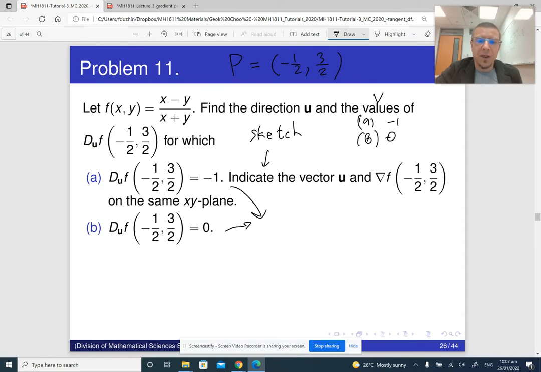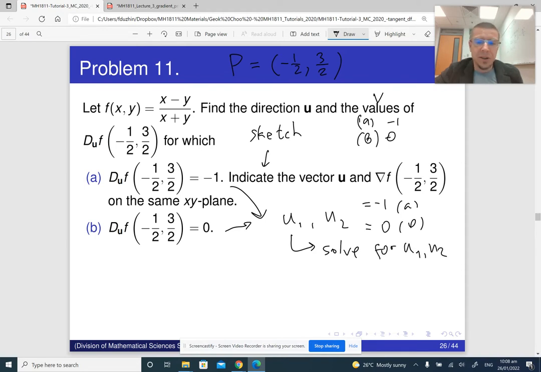And then the plan basically is to find the expression for Duf in both cases. We are going to find an expression in terms of u1 and u2, and then we are going to equate this expression to -1 in part A, and to 0 in part B, and then solve for u1 and u2.